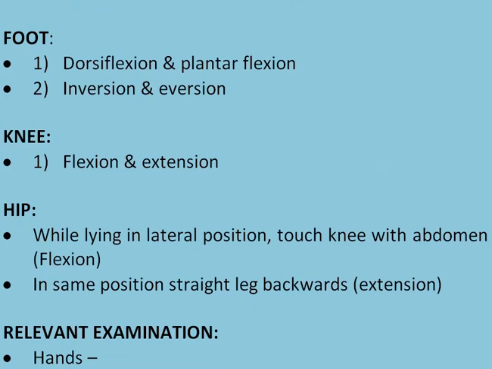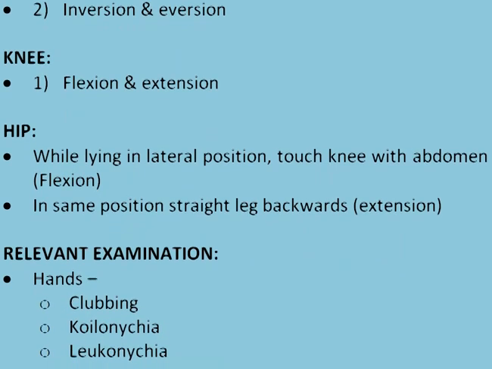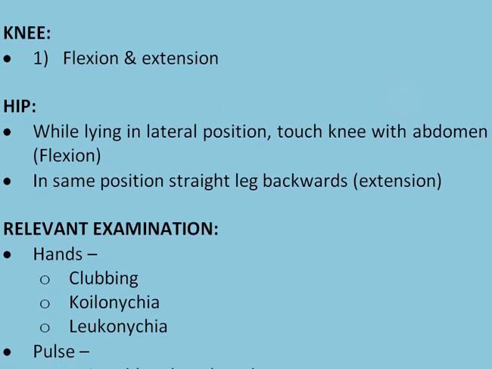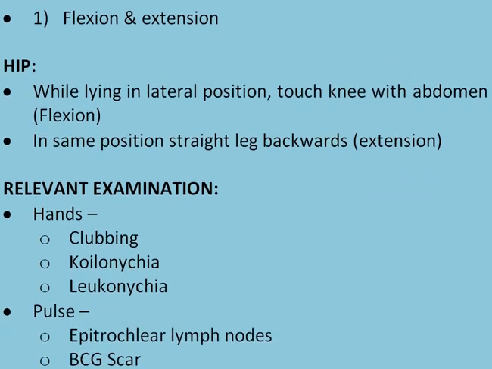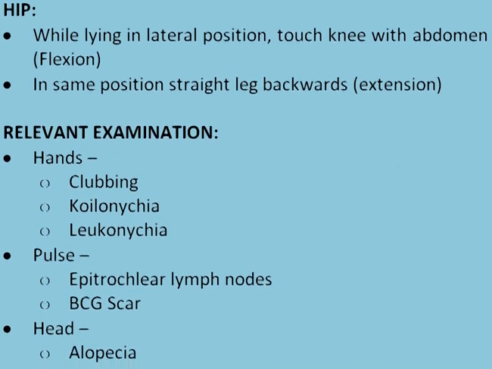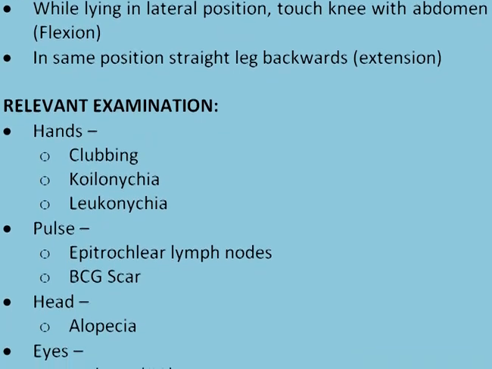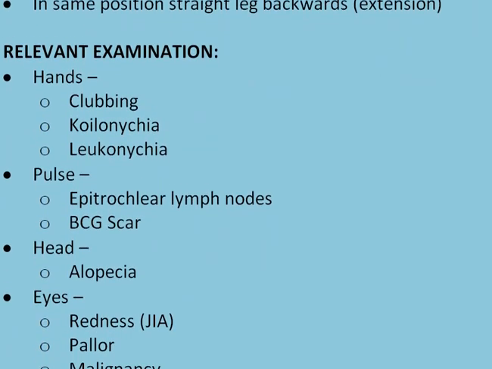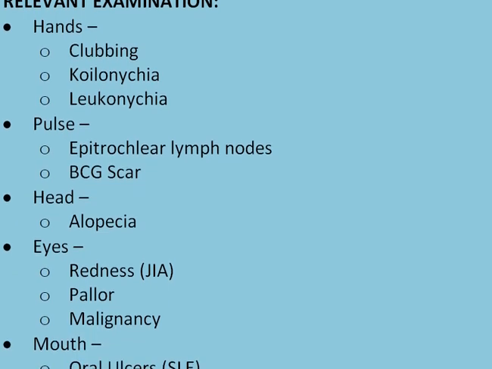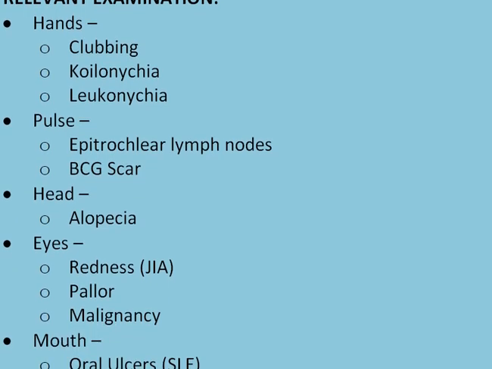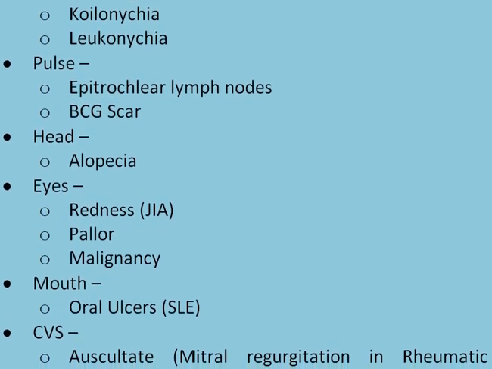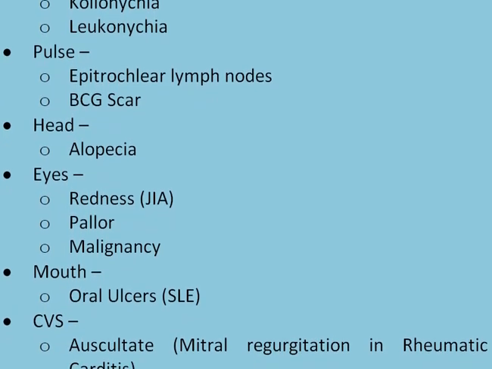Then relevant examination: on the hands, you can look for clubbing, koilonychia, leukonychia, pulse, epitrochlear lymph nodes, BCG scar. On the head, check for alopecia. Eyes, you check for redness, which can be in juvenile idiopathic arthritis, pallor, malignancy. In the mouth, check for oral ulcers, which can be a sign of SLE.